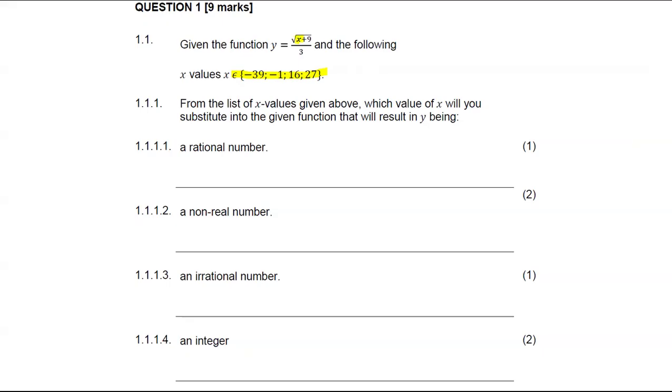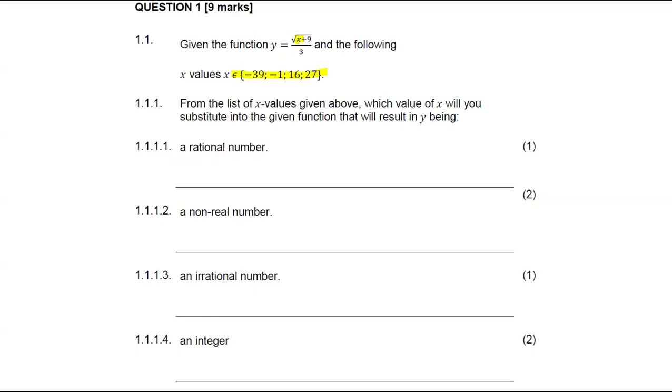So you can substitute them into x. It says from the list of x values given above, which value of x would you substitute into the given function that will result in y 1.1.1.1 being a rational number?